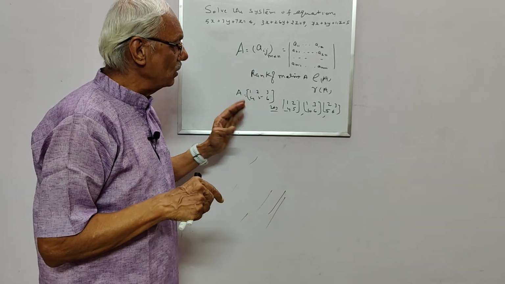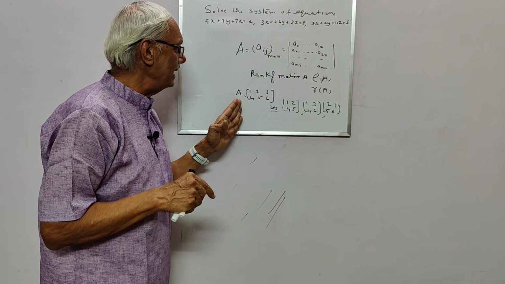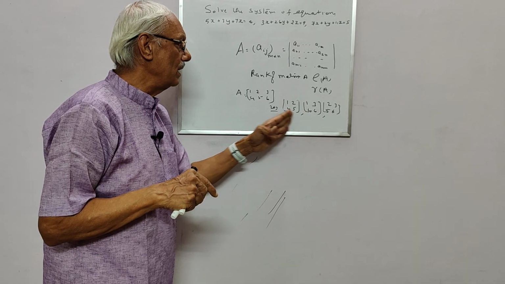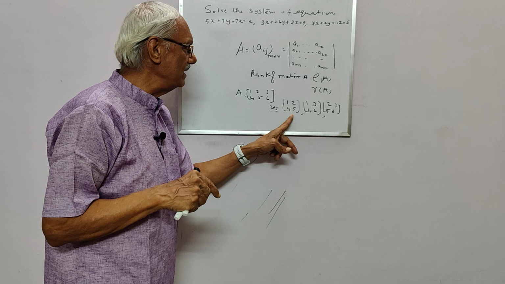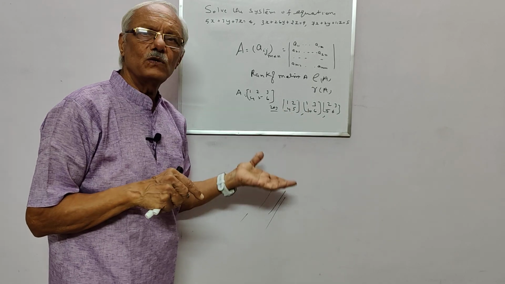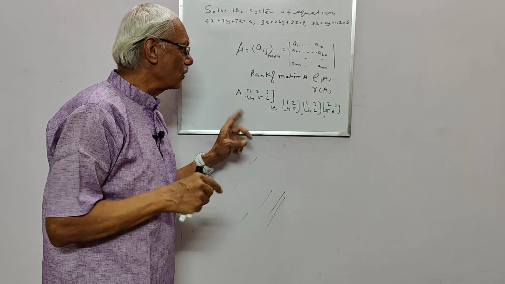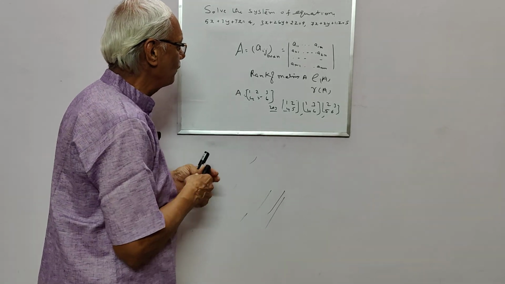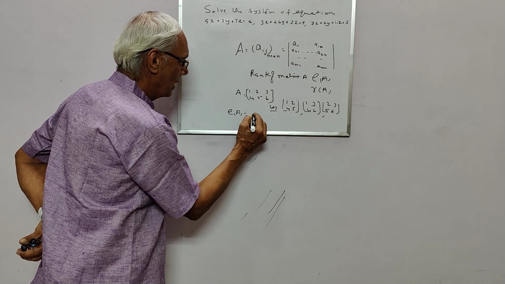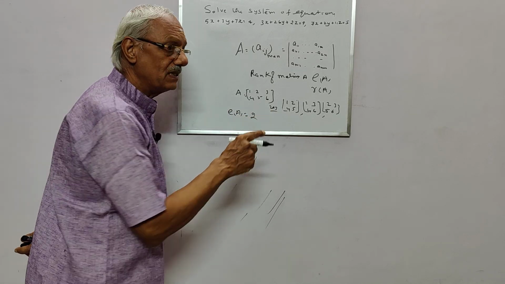Okay, so here it is very simple. You have A equal to this, and none of these determinants, see here it is not equal to 0, here it is not equal to 0. What is the order of this? It is equal to 2, and therefore the rank of A will be equal to 2.